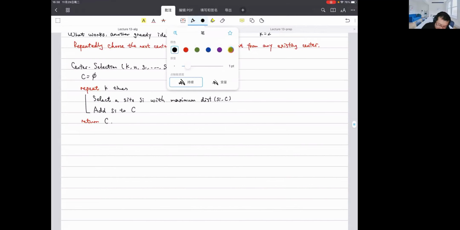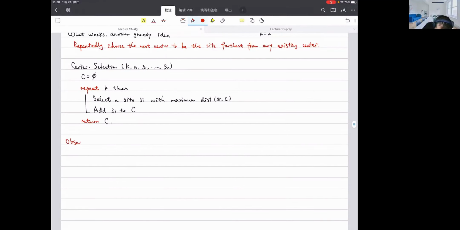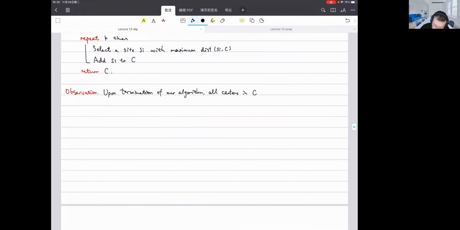The first observation that we make is that upon the termination of our algorithm, all centers in C are pairwise at least RC apart.